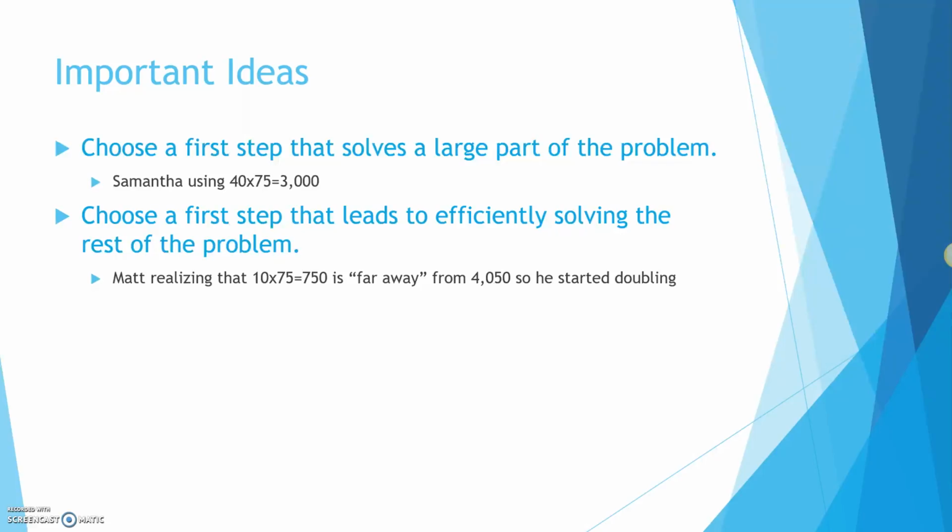You also want to choose a first step that leads to efficiently solving the rest of the problem. So Matt, when he realized that 10 times 75 was far away from 4,050, then he started doubling, and that is an efficient way. But if that is still hard for you to figure out a way to start, you can always use the way that we solved the first problem and do it in smaller chunks until you become more comfortable.